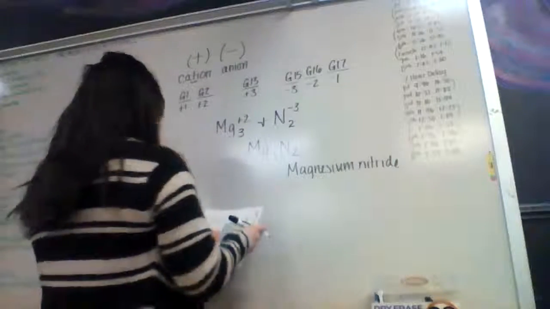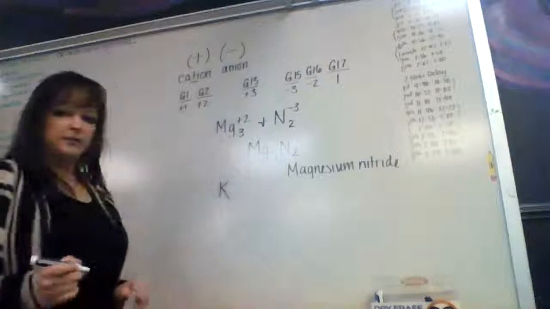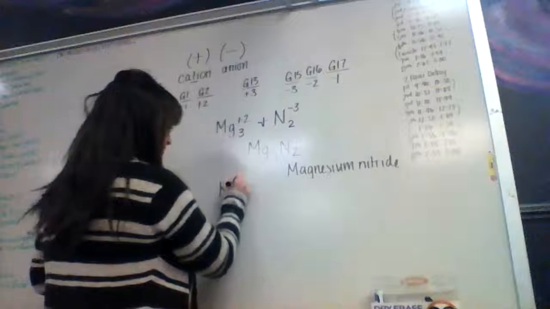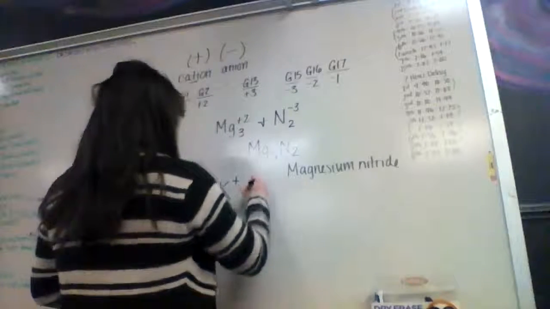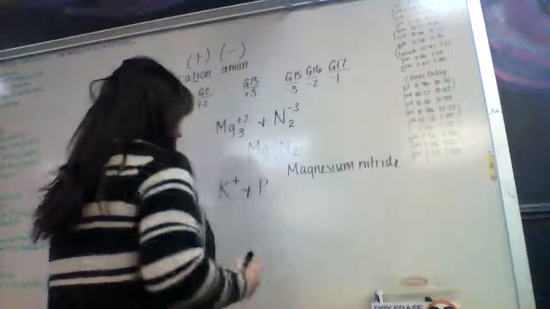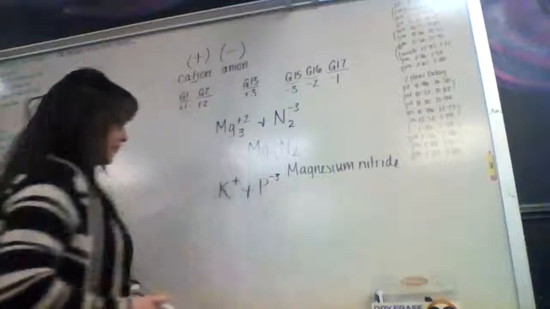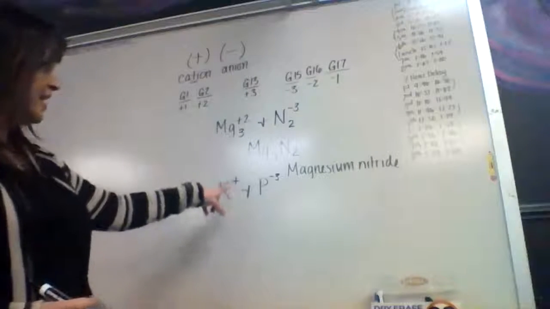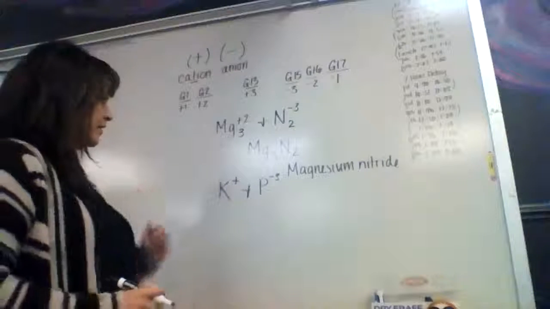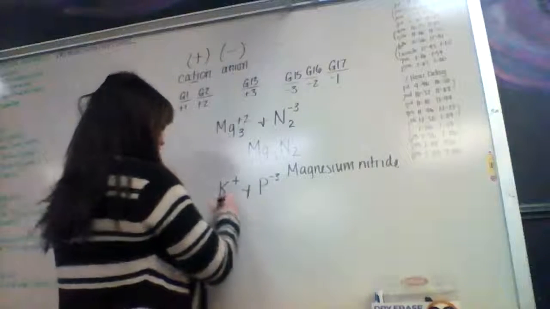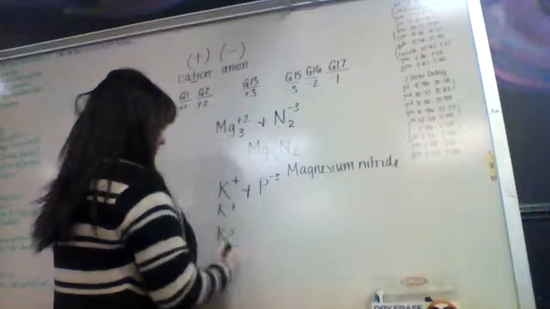Good. A couple more. We bond potassium. Potassium's symbol is a K. It's got a positive 1 charge. We're going to bond it with phosphorus. Phosphorus is in group 15, so it has a negative 3 charge. Charges have to add up to 0. We've got positive 1, negative 3. All right, so we would need 3 of these potassiums to balance out that negative 3 charge because potassium is positive 1.